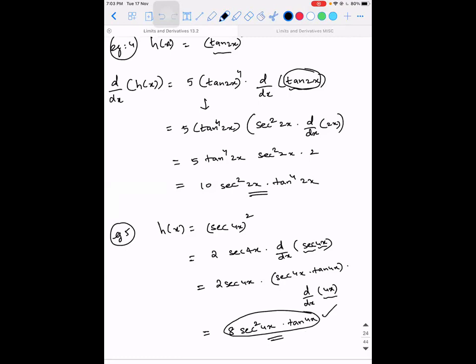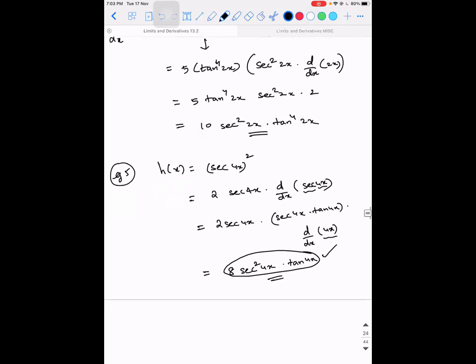Got it? Yes. See, anyways, these kind of complicated problems will come slowly only. You need not worry about it. If at all it comes also, I want you people to handle it. Okay. So what they will mainly ask is anything based on first principle, then the basic derivatives.